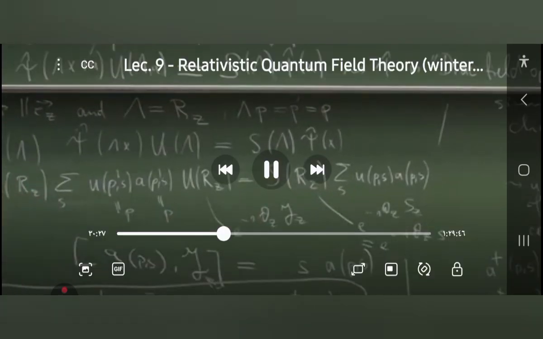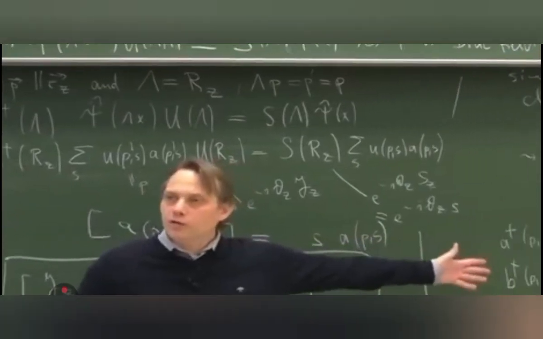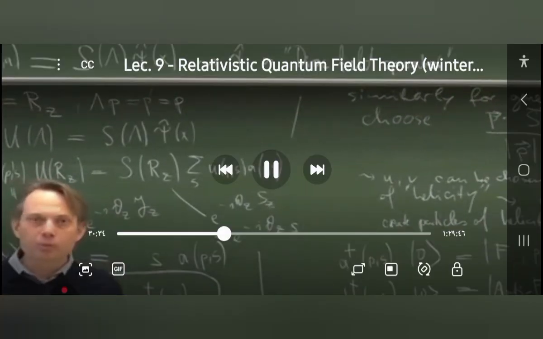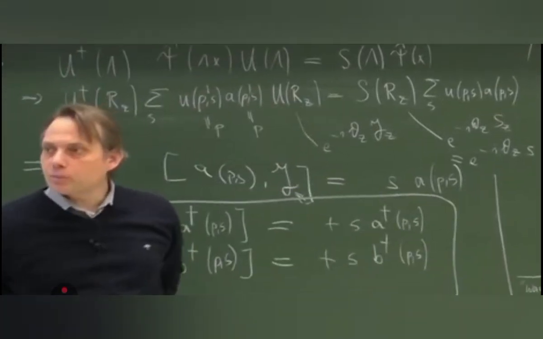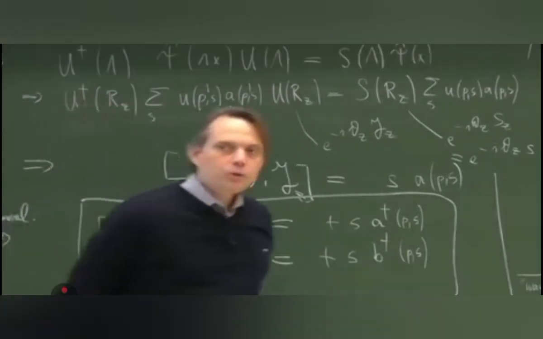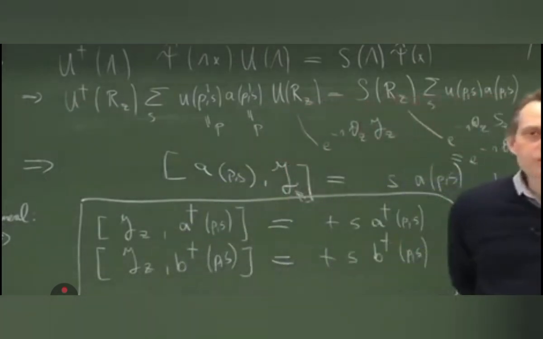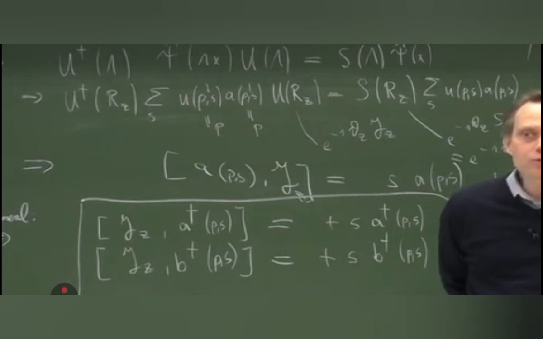And here we see that we describe spin 1/2 particles, or helicity plus minus 1/2 particles. We have constructed the Poincaré representation, therefore it's a fully relativistic quantum theory with very explicitly clarified physical interpretation. Any questions?